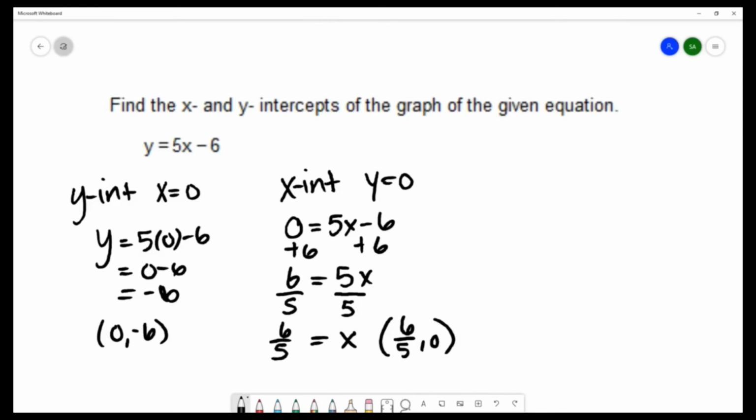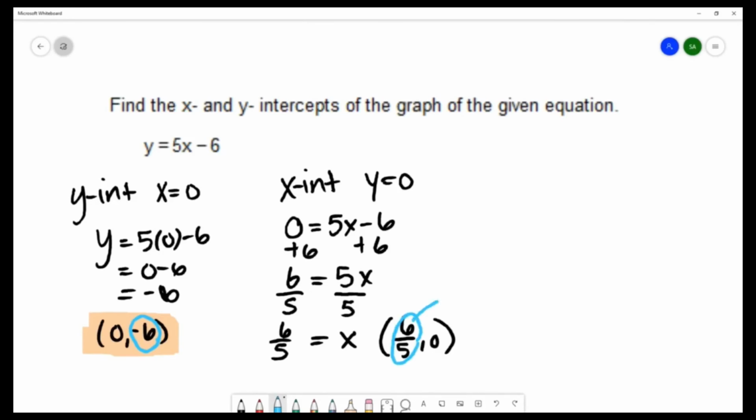Now pay attention to the directions in the problem on how to write the answer. Sometimes you'll want to write the answer as a whole ordered pair, and then other times they want you to just list that one coordinate. And same thing goes with this one. You might need to write the whole ordered pair or just the coordinate.